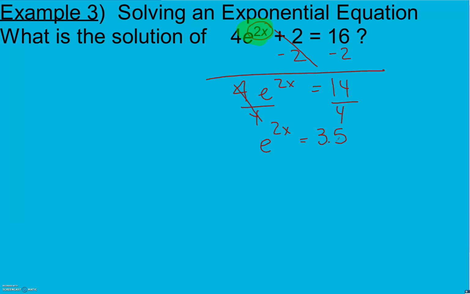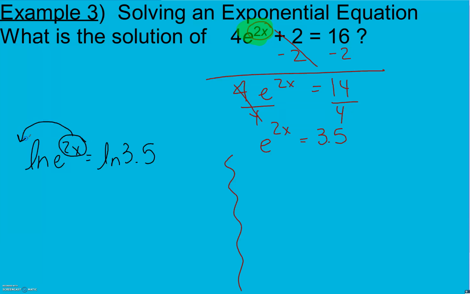Now, to get rid of my e here, there's 2 different ways we can do this, just like there were 2 ways we could do it with logarithms. I can either take ln of both sides. I can take my 2x and swing it to the front as a coefficient.